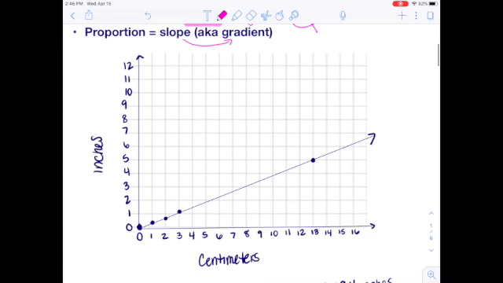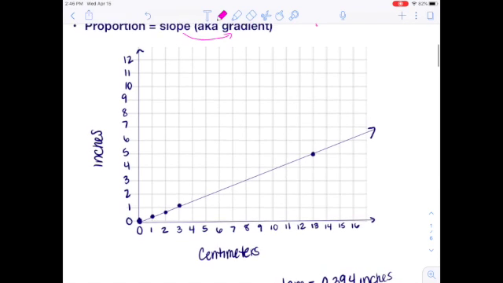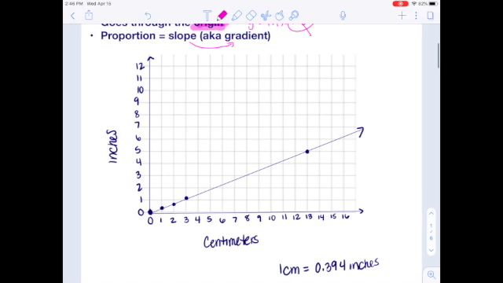All right. So here is a conversion graph, for example. You've got the conversion between centimeters and inches. We know that 1 centimeter is technically equal to 0.394 inches.